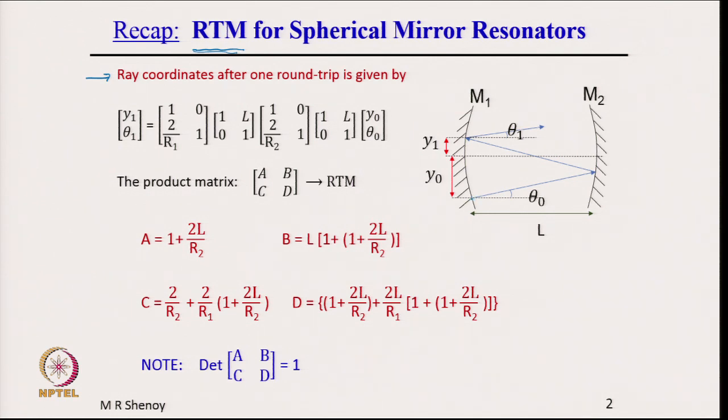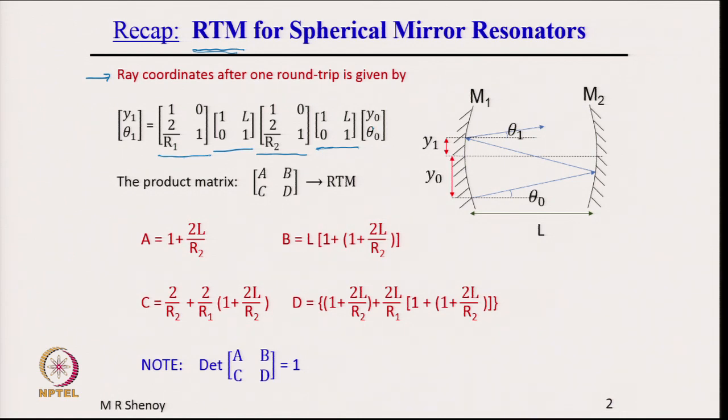The ray starts from here, propagates through a distance L, and undergoes reflection. The corresponding 2 by 2 matrices which represent the operations are: propagation through a distance L, reflection at the spherical mirror of radius of curvature R2, back propagation through a distance L, and then reflection at mirror M1 of radius of curvature R1.